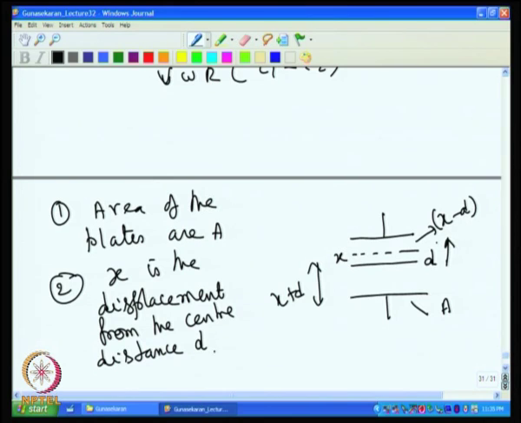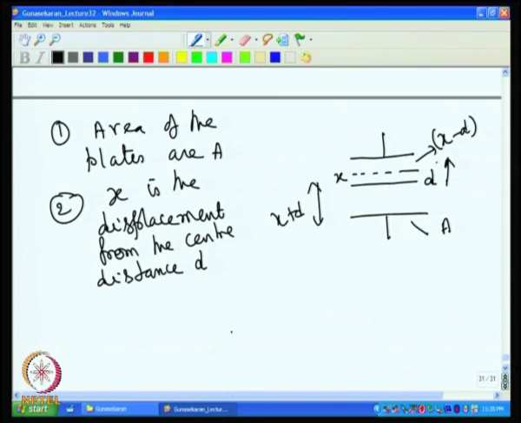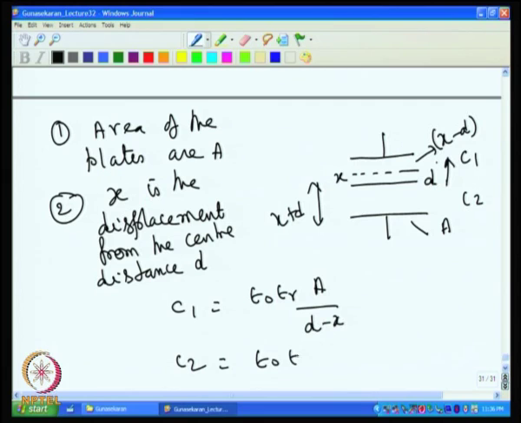So, if I take this, then C1 can be written as, for example, this is C1 and this is C2. C1 will be epsilon naught epsilon r A by d minus x, and C2 will be epsilon naught epsilon r A by d plus x.